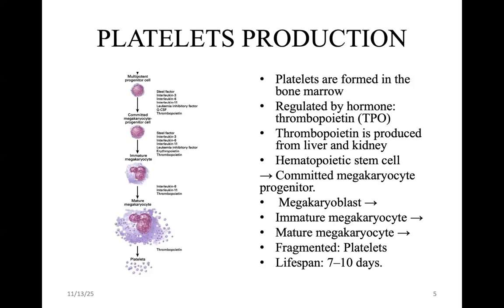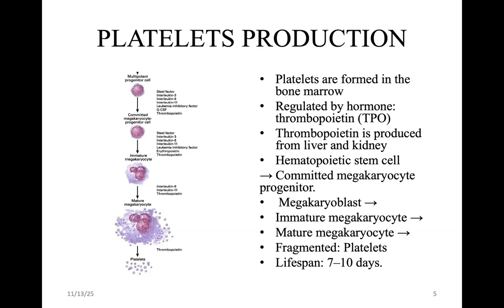platelets. Now, when you go into the bone marrow, the production starts with the multipotent stem cells now becoming committed megakaryocyte progenitor cells. When these mature further, they form megakaryoblasts.